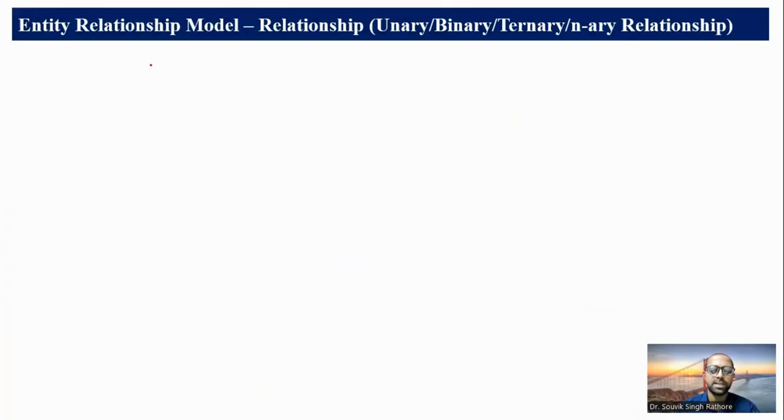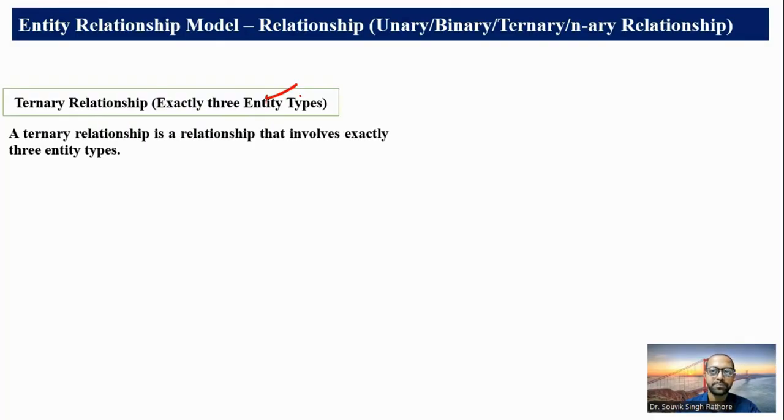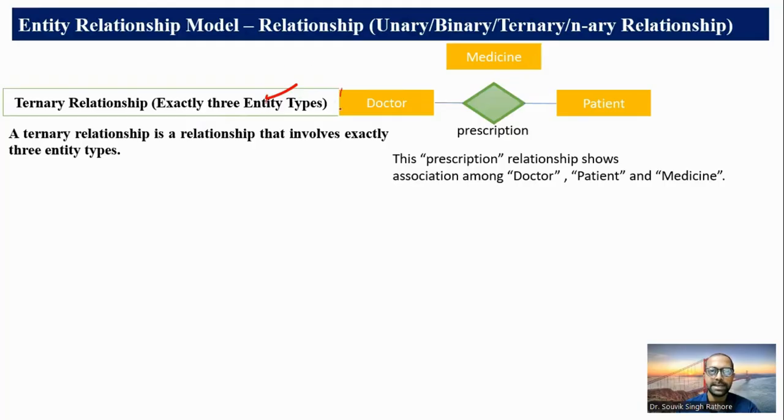Now let's move to the ternary relationship. It is a relationship in which exactly three entity types are participating. Look at the example in this slide. We have the doctor entity type, the medicine entity type, and the patient entity type, but the relationship is prescription or prescribes.